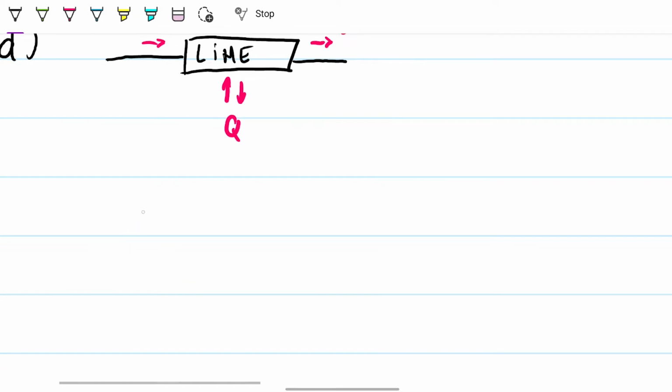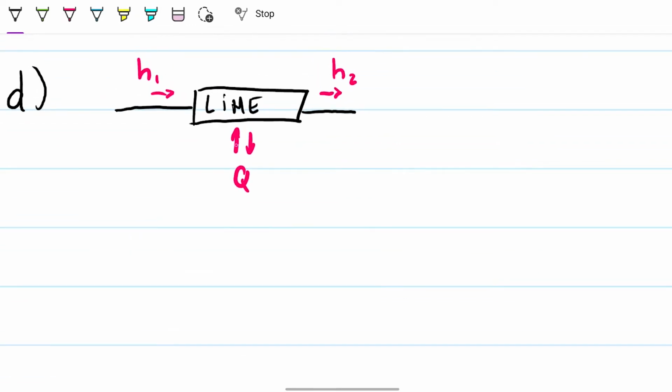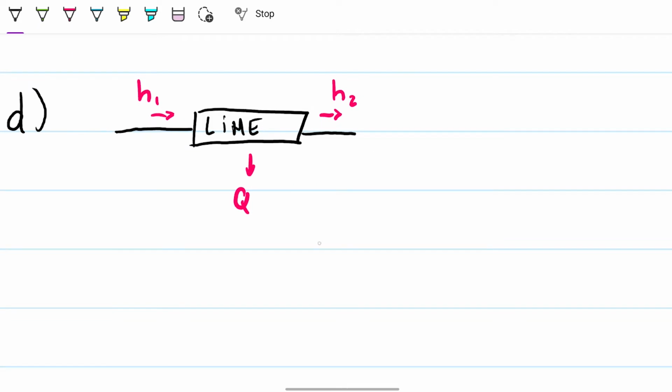If it's Q out, how do I set up this equation? I'm going to say H1 equals Q out plus H2. What is the other option? I can assume heat is going in. If that's the case, then my equation becomes, I'm doing it in blue so that no one is confused, H1 plus Q in equals H2.